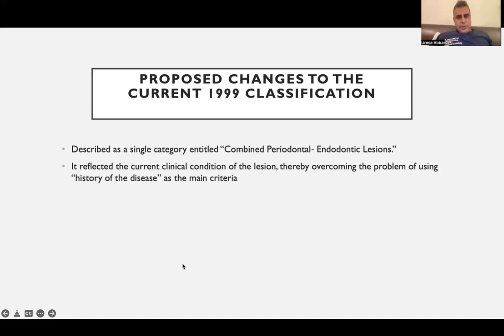These things are taking place, the combinations of them, as I said, perforations and so on. They have all been combined together, and it reflects the clinical condition of the lesion, thereby overcoming the problem of using history of disease as the main criteria. So the good thing is that it tells exactly what the current condition of the lesion is. That was the advantage of the 2017 classification, which is the latest one.